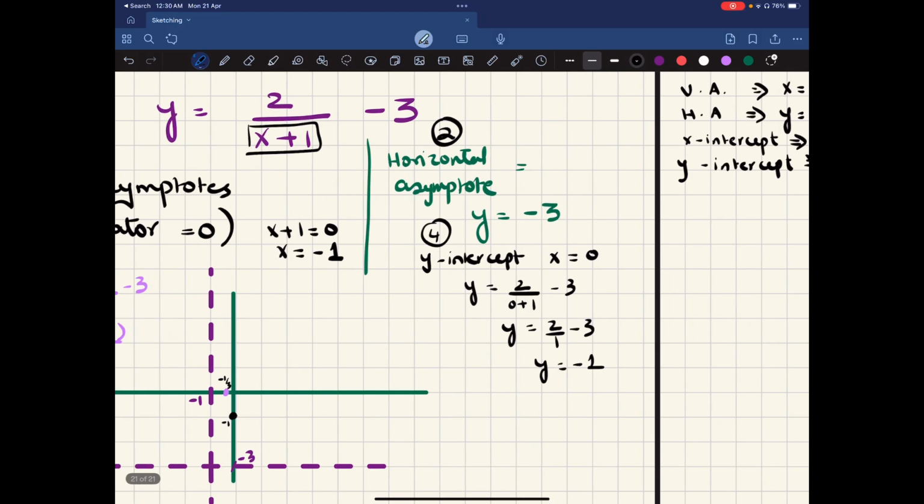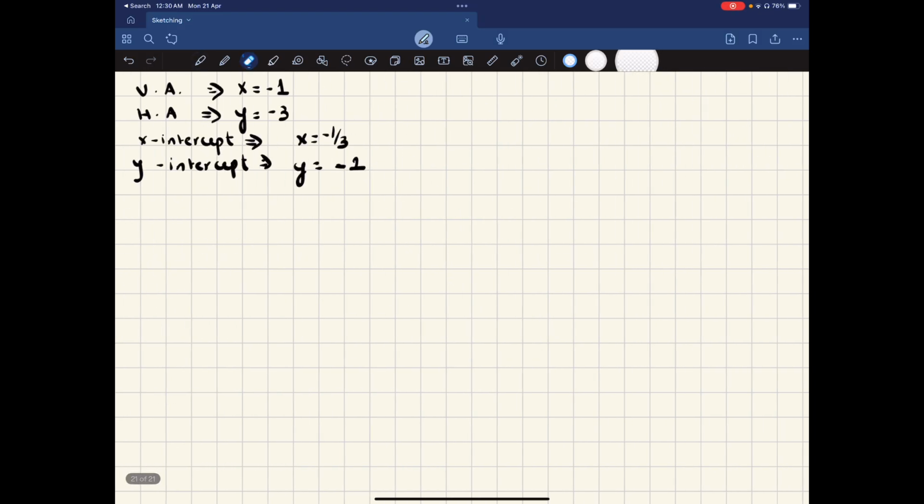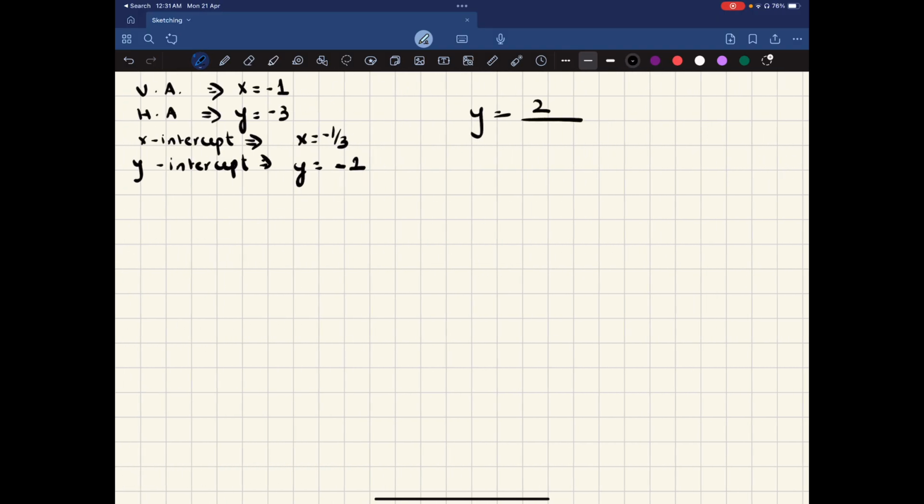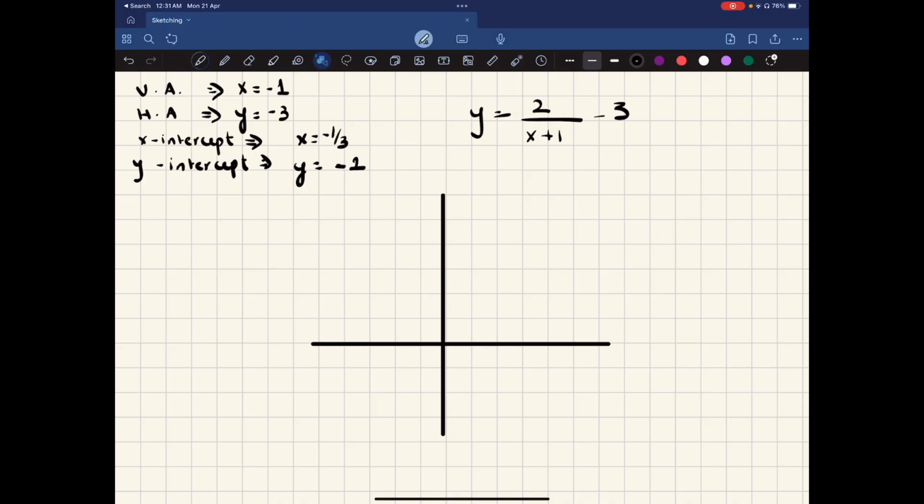Yes. And the equation is y equals 2 over x plus 1, minus 3. Okay, let's draw the graph with all the pieces of information that we have identified.